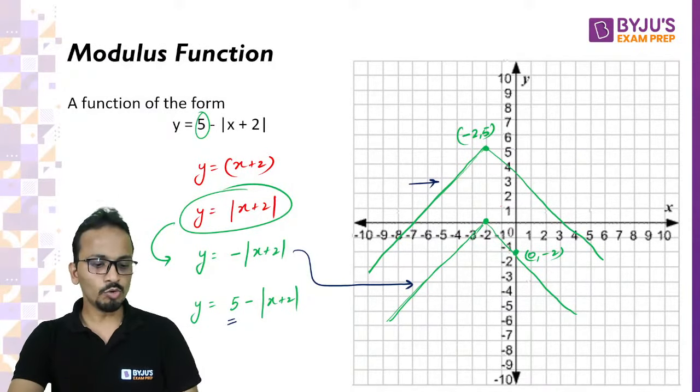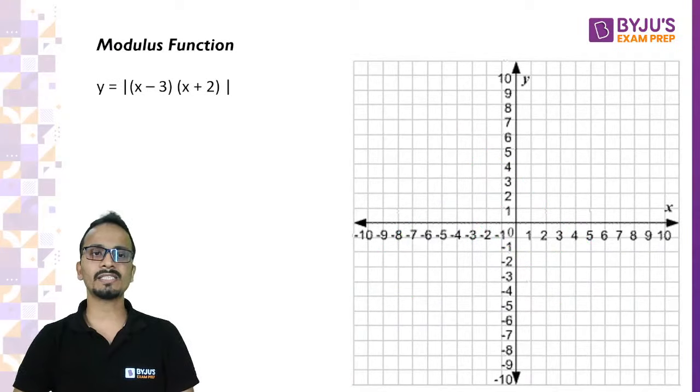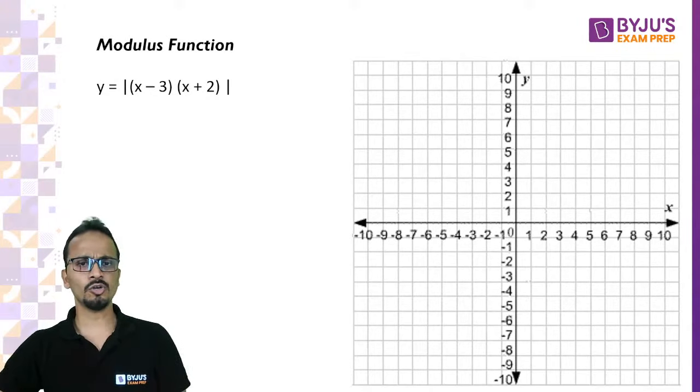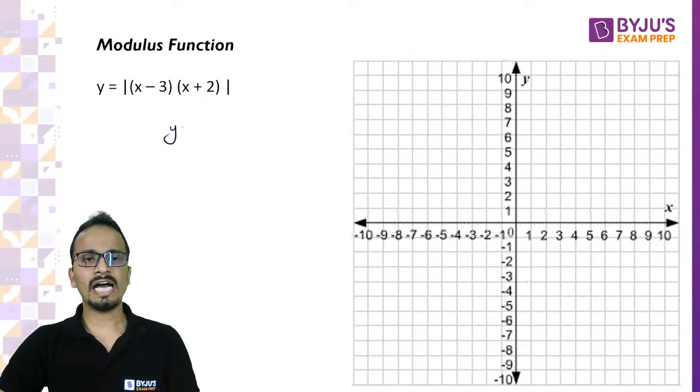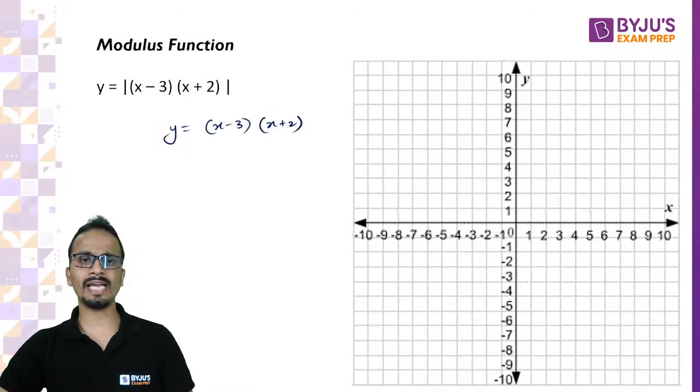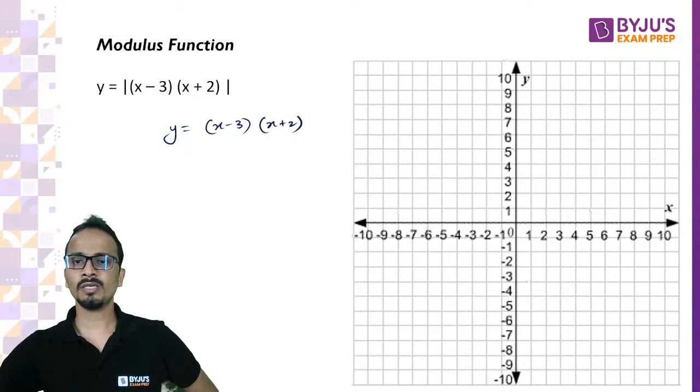Fine. Now let's move ahead and look at the next thing. How to plot the modulus of quadratic expressions, quadratic functions. First of all, this quadratic function is given in its factorized form. So I'll plot x minus 3 into x plus 2, removing the modulus sign.